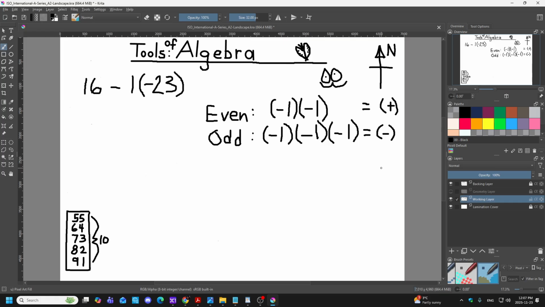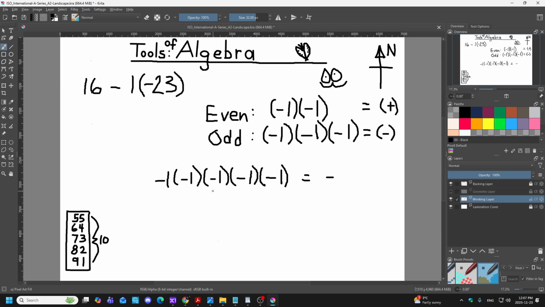Okay, and it's always like that. We could have 5 negatives, 1, 2, 3, 4, 5 negatives. We're still going to end up with a negative.